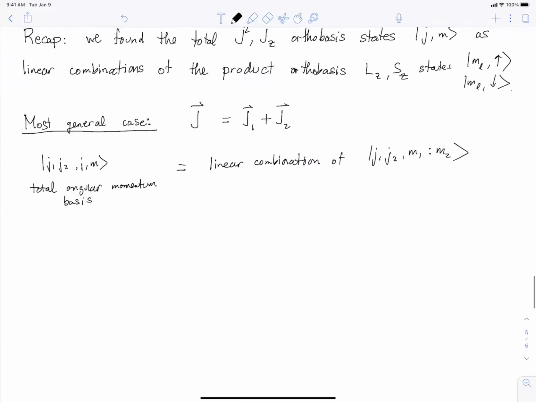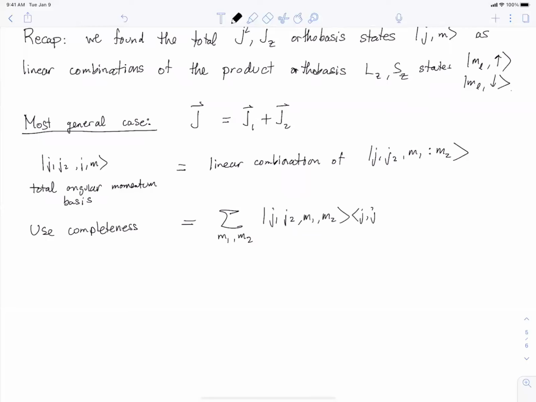And if we want to know what the form of the linear combination is, we can use completeness to write it as a sum over all M1s and M2s of |J1, J2, M1 : M2>.